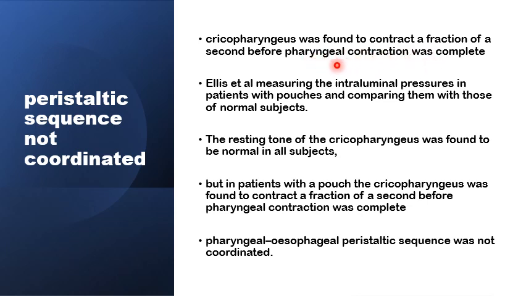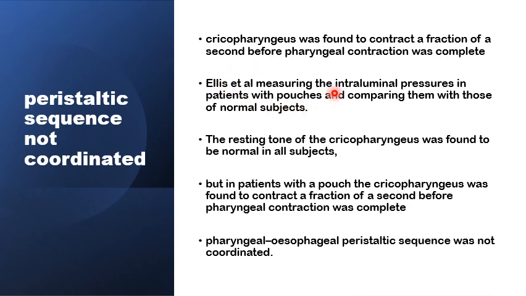Before the pharyngeal contraction is completed, the cricopharyngeus muscle would start contracting again, just a fraction of a second, enough to cause increased pressure in the upper esophageal sphincter that would impair the smooth passage of the bolus and creates enough pressure in the lower hypopharynx to cause the pulsion diverticulum.